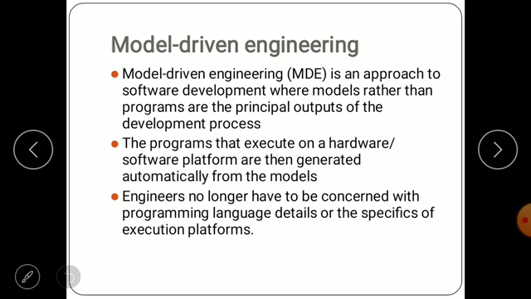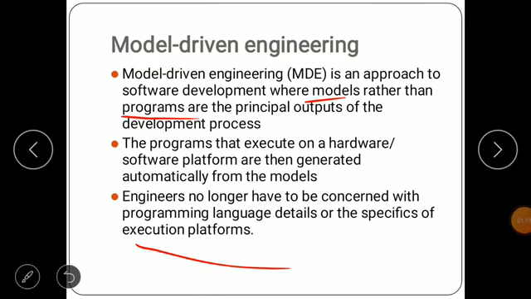In other engineering we concentrate on programs, not on models. Here, the program that executes on a hardware or software platform is generated automatically from the models. Engineers no longer have to be concerned with programming language details or the specifics of the execution platform.